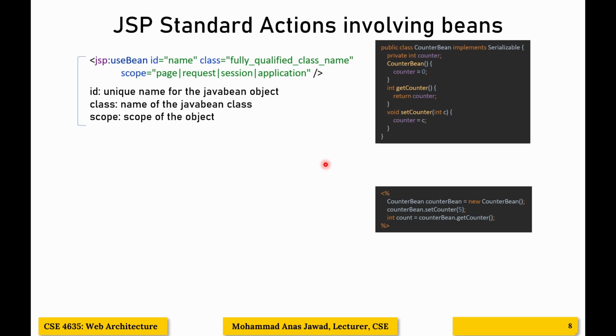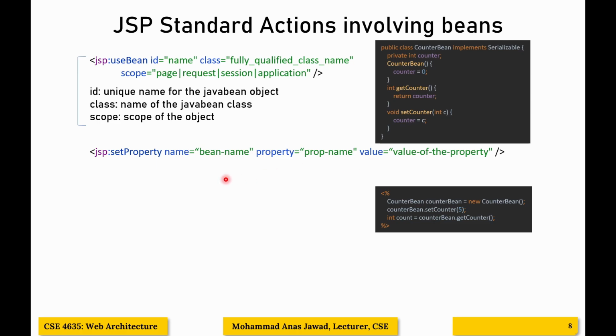The way we can do that for the setter method is by using the JSP setProperty action tag. We will be using the setProperty action tag to replace calling the setter method of our JavaBean object. As you can see, this setProperty action tag has 3 attributes: name, property, and value.